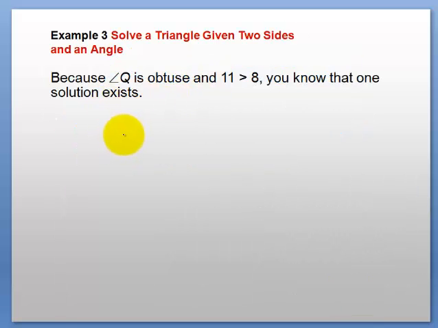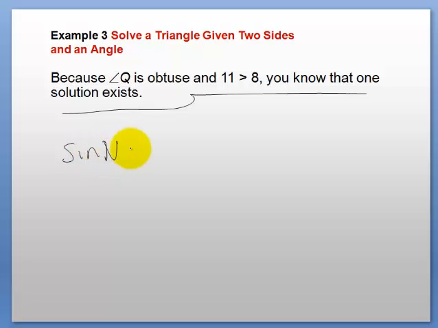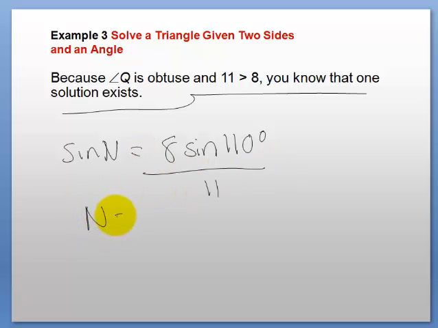I'll come back to that in a second. So I'm left with sine N is equal to 8 sine 110 degrees over 11. I put this into my calculator, and then I'm finding an angle.